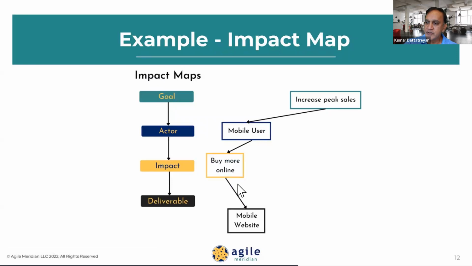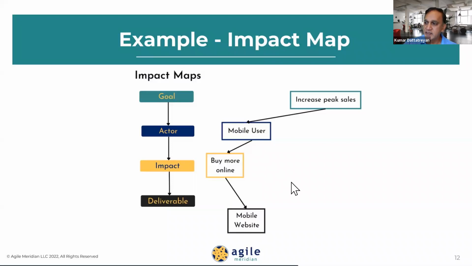What you want them to do is buy more online. They're a mobile user, right? So you want them to buy more online. Well, say for instance, you don't have a mobile website, you don't have a phone optimized website, right? So maybe the deliverable is to create something that is for that mobile user, that person on the go, right?